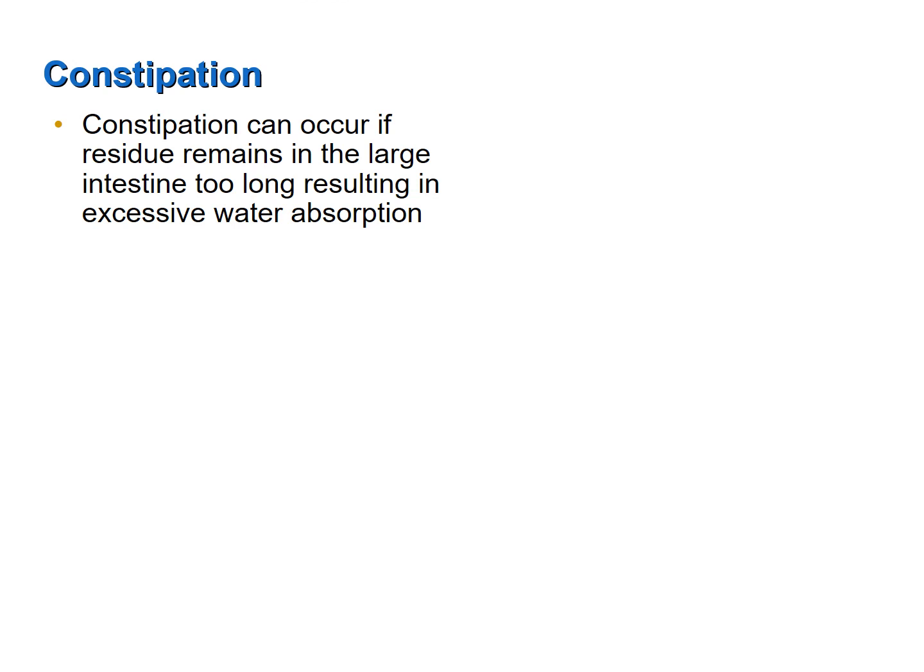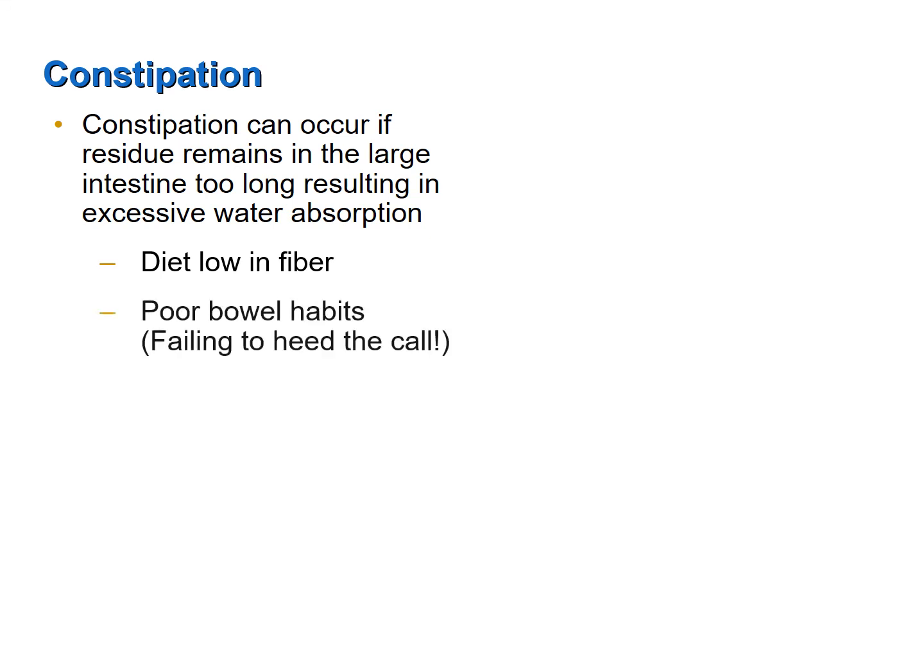At the opposite end of the spectrum from diarrhea is constipation. Constipation can occur if residue remains in the large intestine too long. This results in excessive absorption of water. This can occur as a result of a diet that is low in fiber. A low-fiber diet may cause mass movements to be less productive, and so it simply takes longer for the residue to move through the large intestine.